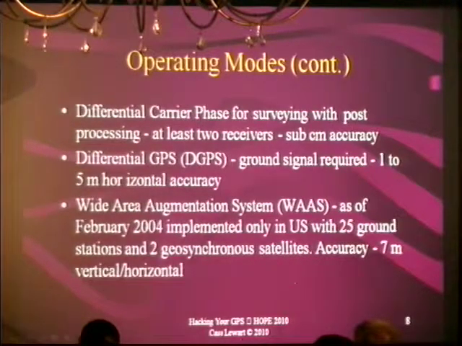To be geosynchronous, in other words, to have an orbit of 24 hours, you need an orbit of about 50,000 kilometers. So they are considered twice as high as the other 24 satellites. But it gives you some extra precision. There are also some ground stations to which the WAAS system will respond.